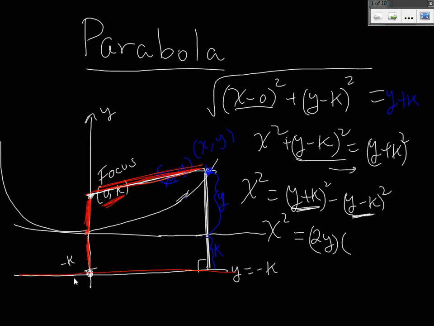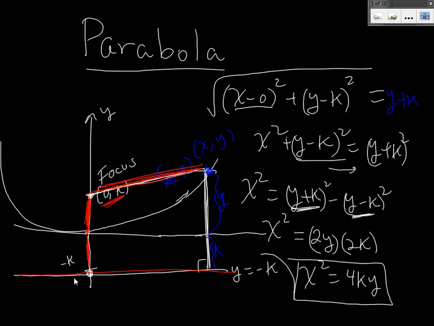And then by subtracting the two terms, then you'll get 2k. And x squared is equal to 4ky. That is the equation of a parabola. Some people may say, dividing both sides by 4k, that it's 1 over 4k times x squared. Both are right.